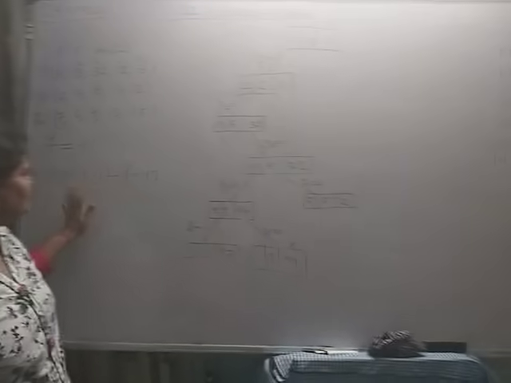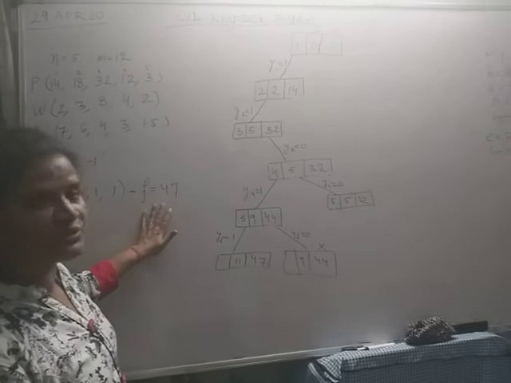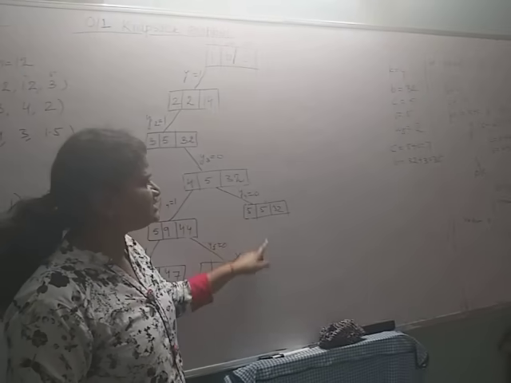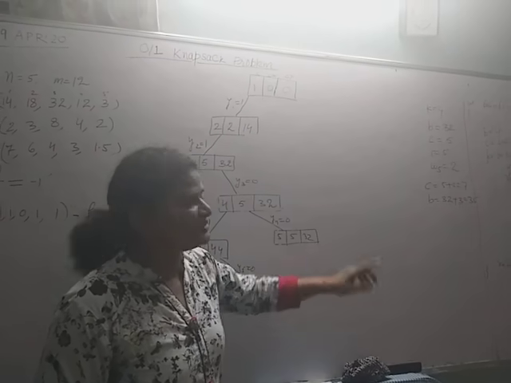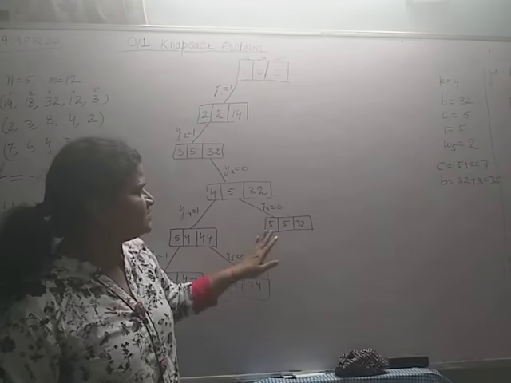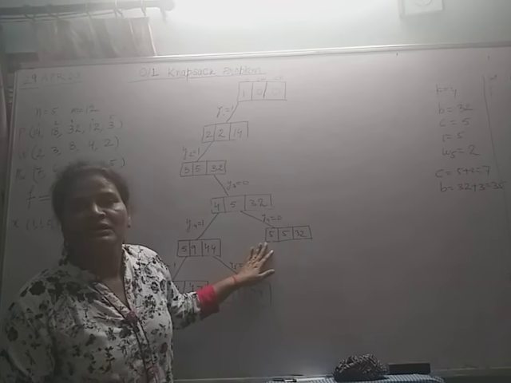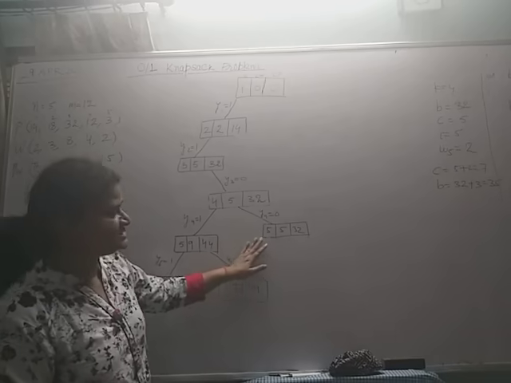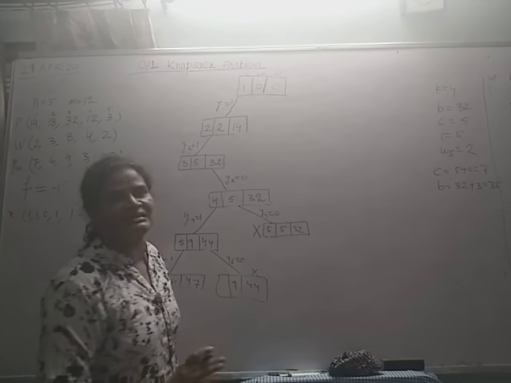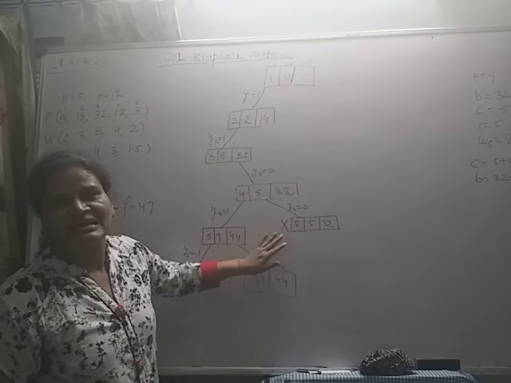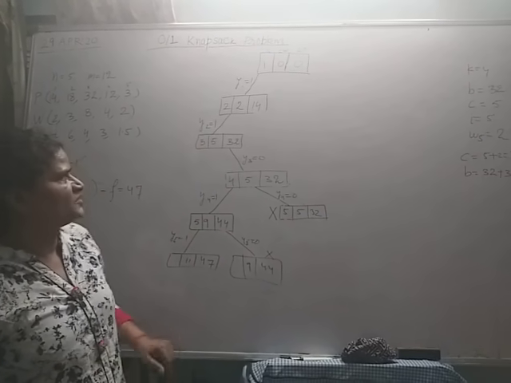So I already have one solution vector whose profit is 47, but if we move downwards this way, we get a solution vector whose profit is only 35. So I will not move to this right branch, and here no right child is generated. The node is killed by applying the bounding function.